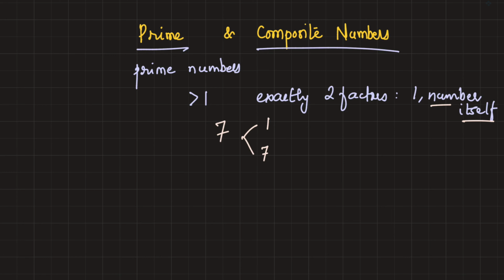Now, what are composite numbers? So, unlike a prime number, a composite number is a number which is greater than 1 and it has more than two factors.